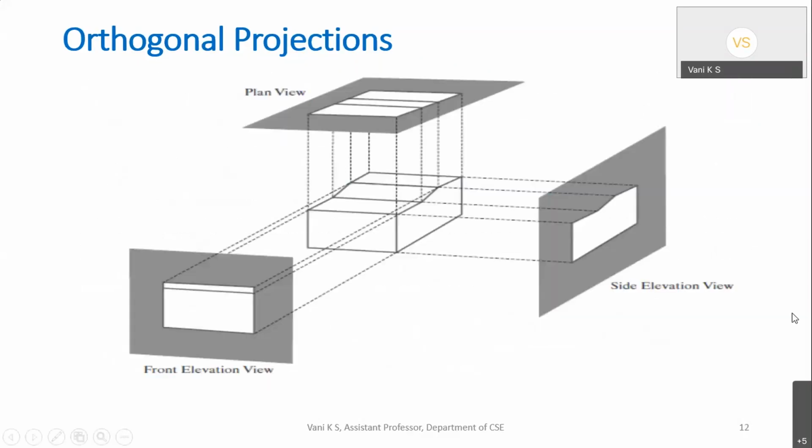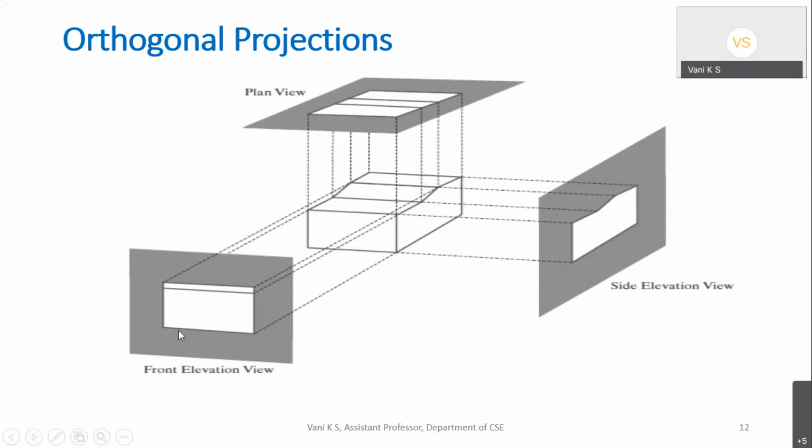See here now, if I consider this as a view plane, this is an object, the actual 3D object. And the projection lines here are all parallel, plus they are perpendicular to this view plane. This is the view plane on the side view. This is the view plane on the top. This is the view plane on the front. So all the lines are perpendicular to this view plane.